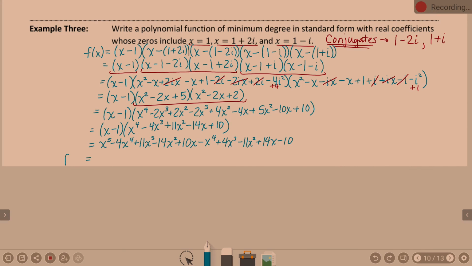Well, I know it begins with x to the fifth. Minus 4 minus 1 x to the fourth, so minus 5x to the fourth. 11x cubed and 4x cubed is 15x cubed. Minus 14x squared minus 11x squared is minus 25x squared. 10x and 14x is 24x, minus 10. Nice. Did I make any mistakes? No, that's right.